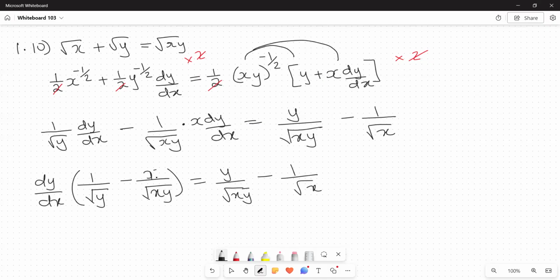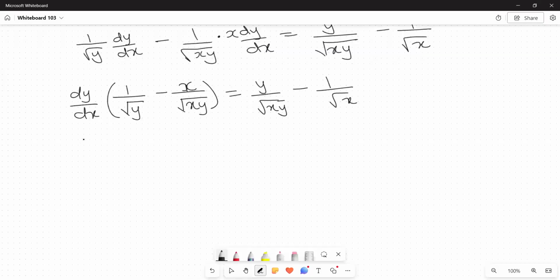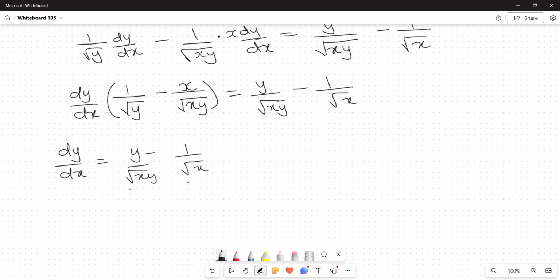Then dy/dx equals y over the square root of xy minus 1 over the square root of x, over 1 over the square root of y minus x over the square root of xy.